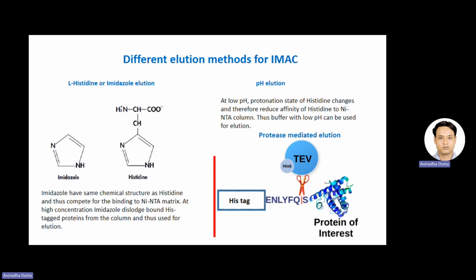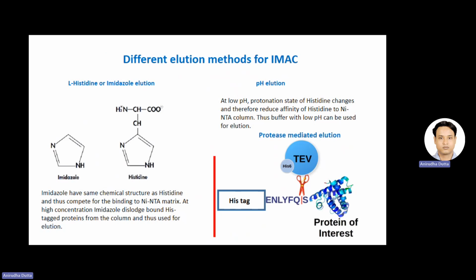Next, we are going to discuss the different elution methods for an IMAC column. As I already mentioned, imidazole can be used for elution. Why? Because imidazole has almost the same chemical structure as histidine. That's why sometimes we also use free L-histidine for elution.